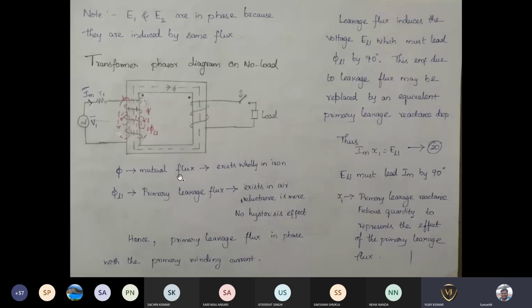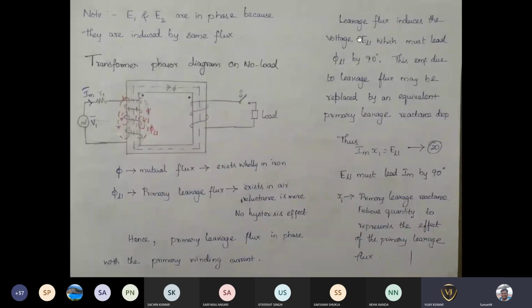So, in order to mention it, the primary leakage flux is in phase with the primary winding current. Okay, the primary leakage flux is in phase with the primary winding current. So the EMF induced because of this phi L1, that is the leakage flux on the primary, can be given by EL1.